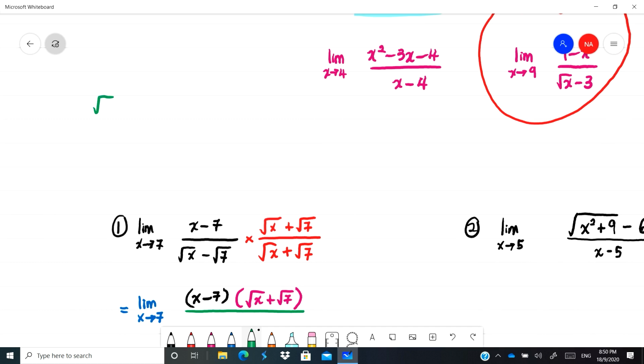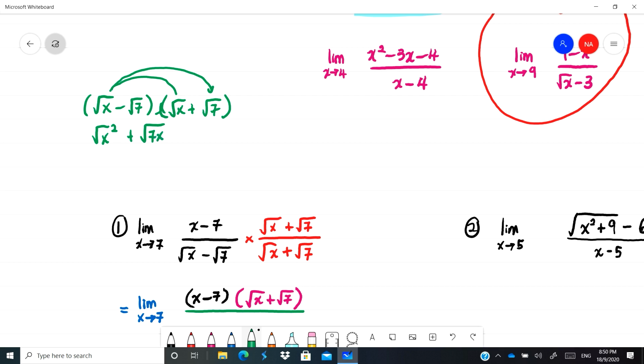If you have square root x minus square root 7, multiplied with square root x plus square root 7, you multiply the first terms to get square root x squared, then plus square root 7x, then minus square root 7x, and the last term is minus square root 7 squared.